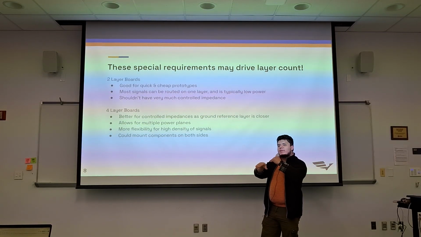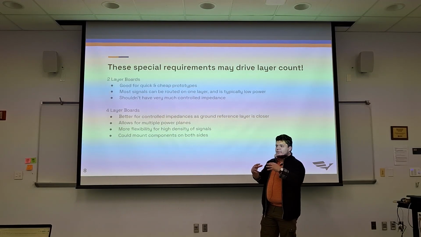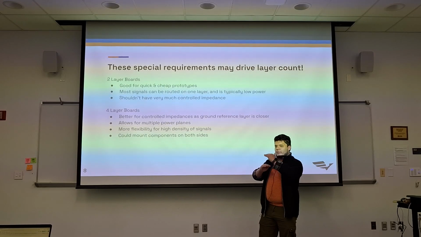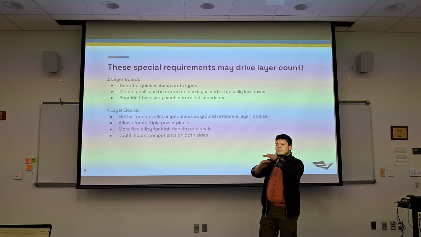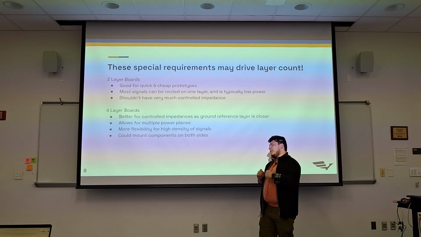Sometimes we have to go into the second layer, right? But if that's going to make some cuts into our reference plane, then maybe we should consider moving from a 2-layer board up to a 4-layer board, so that we can preserve a nice solid ground, have enough room for our power planes, and then if we need to cross over some more signals, we would do it in the 4th layer, right?